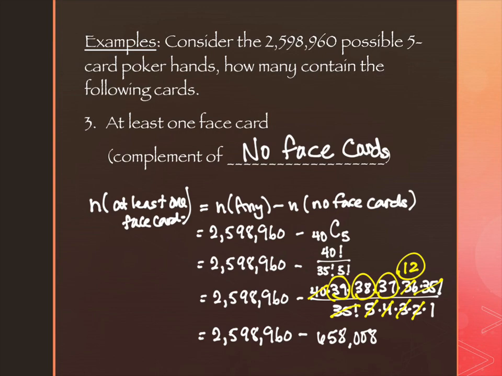Yep, 658,008. And if we subtract, we do finally get a number under 2 million. It's 1,940,952. So not much under 2 million, but these are the number of hands of cards, or the number of ways I can get that hand if you wish.